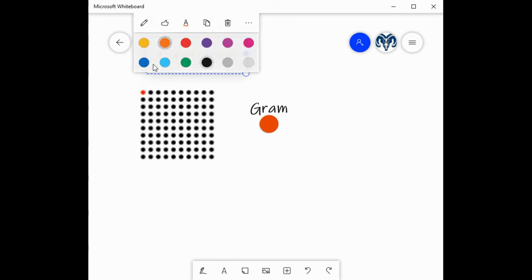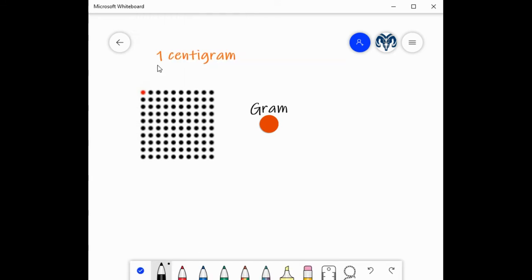That's 1 centigram. But if you take all of these together, this is 100 centigrams. And 100 centigrams is equal to a gram.